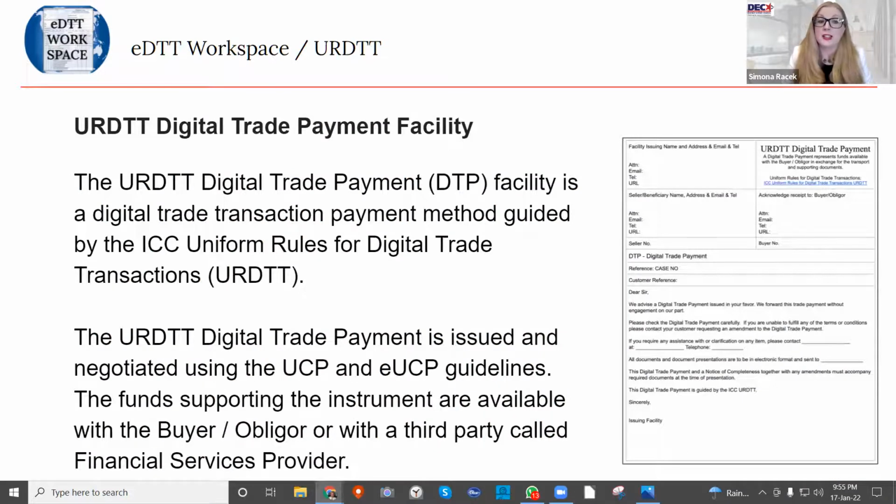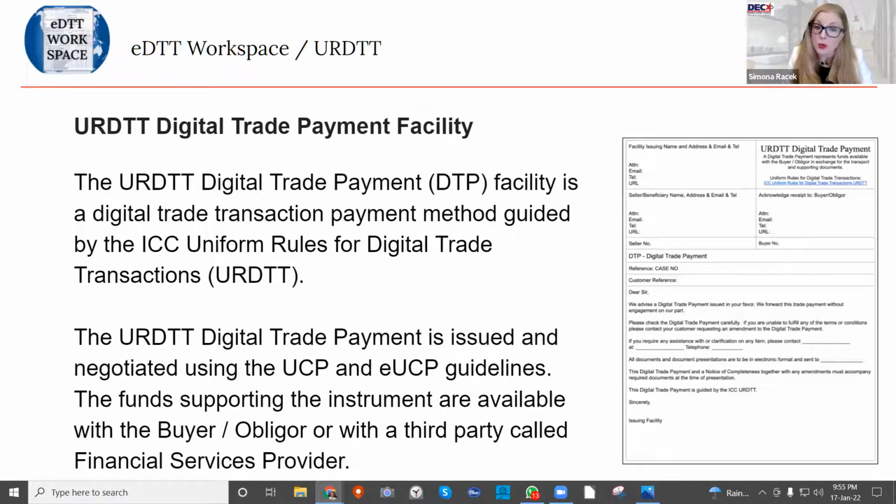The URDTT digital trade payment facility is a digital trade transaction payment method guided by the ICC URDTT rules. The URDTT digital trade payment is issued and negotiated using UCP and EUCP documentary letter of credit guidelines.